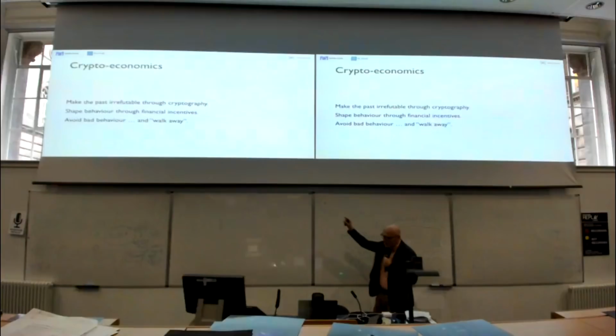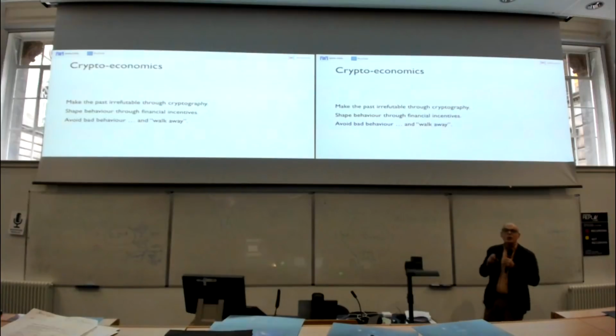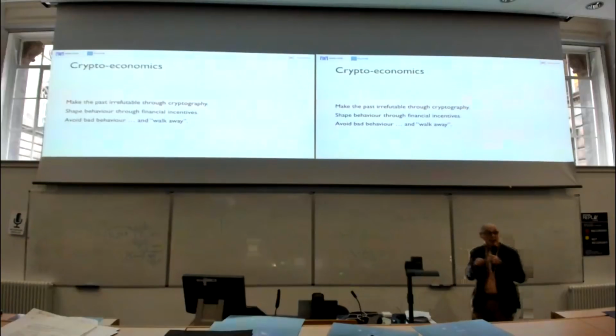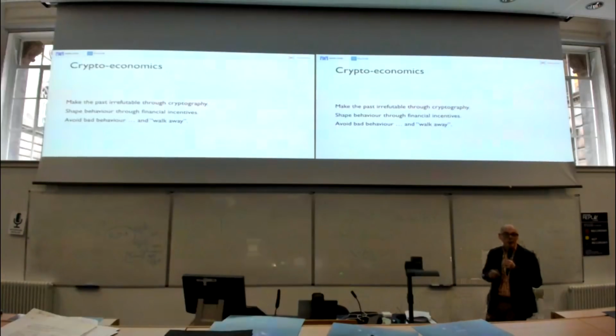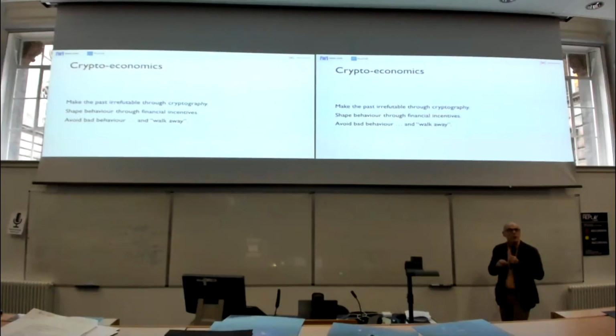And I think the other point to make here, and this is one that becomes crucial, you'll see a bit later on, is that there are two things we need to do in order to shape behavior. We need to make sure nothing bad happens. Obviously, we don't want money to be spent twice, but the blockchain will support us in that. If the contract says money goes from Bob to Carol, it should. But equally well we have to avoid walk away.